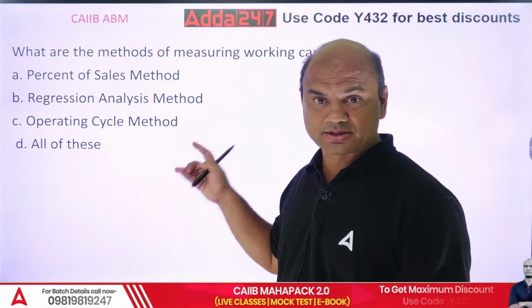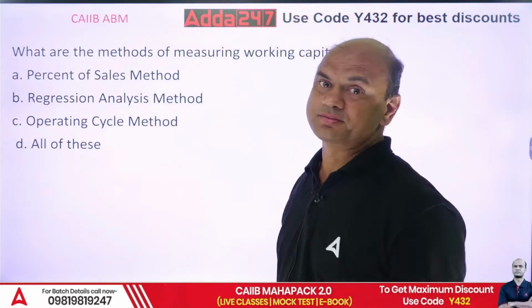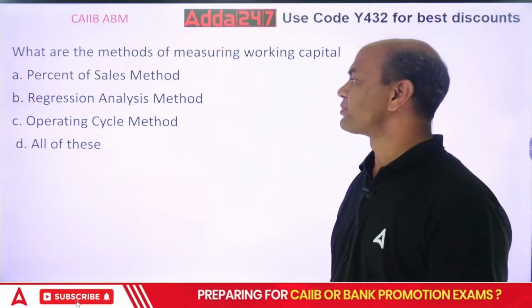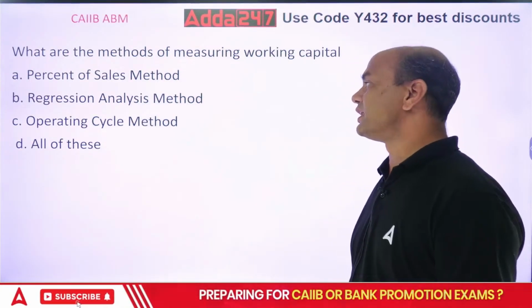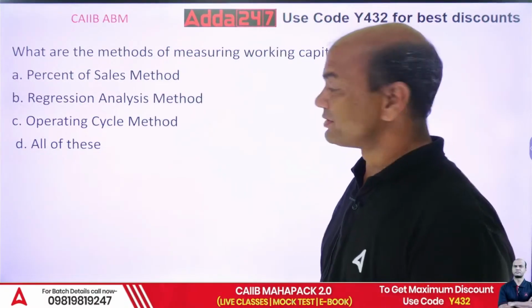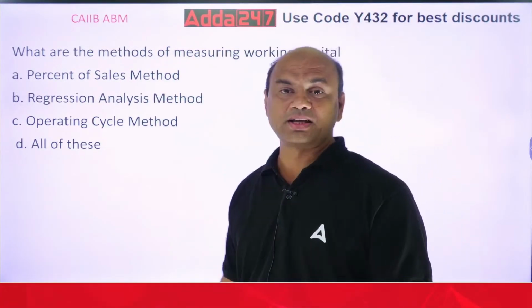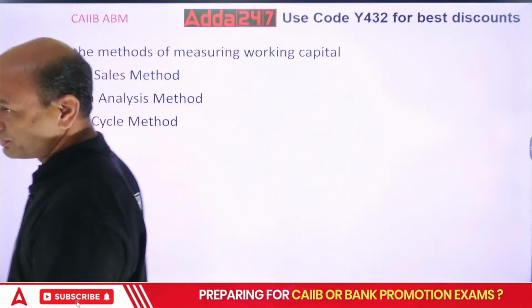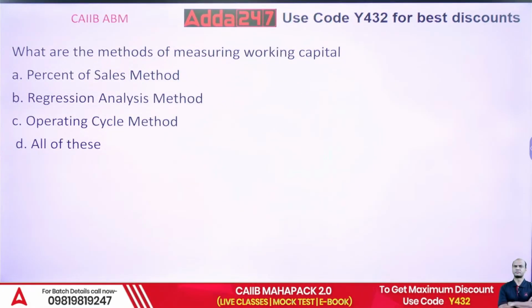These methods are asked in detail. One is percent of sales method. Second is regression analysis method. Third is operating cycle method. And fourth, D, is all of these. Which of them are the methods you know? Type in the comment section, everyone. Which methods do you know?